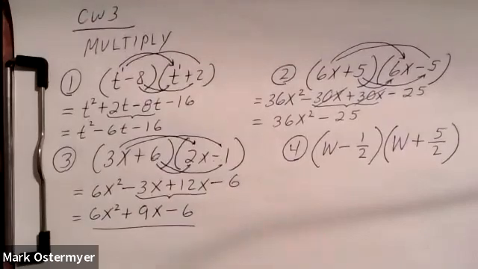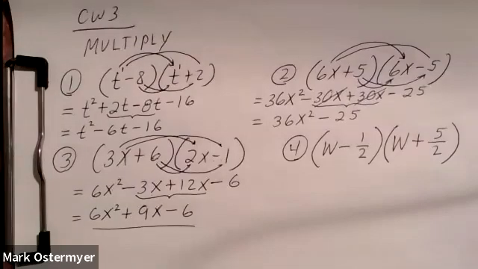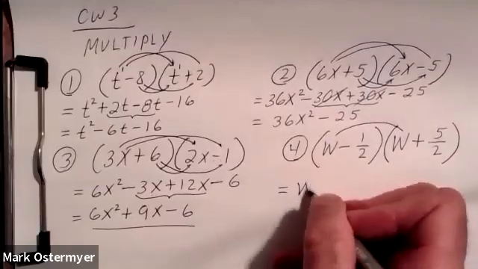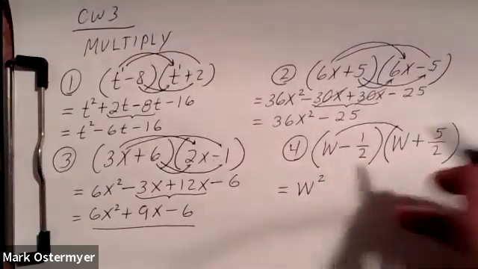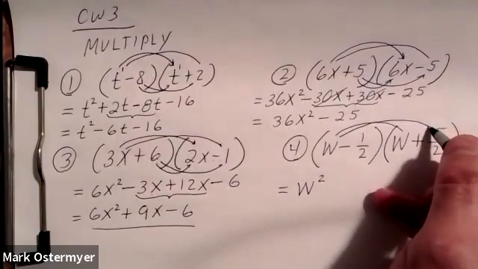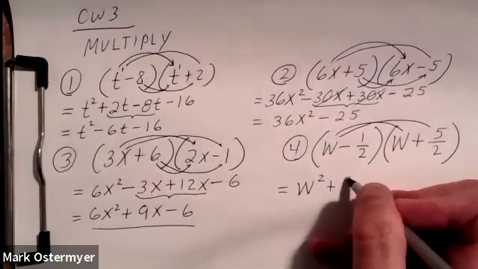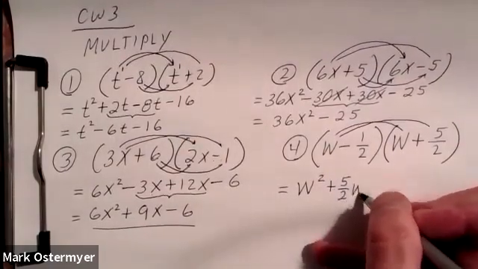Are we batting 1,000 so far? Yes. All right, now we've got a nasty one here, some fractions, but nothing changes. We still pursue it the same way. Multiply the first terms together, w times w is w squared. w multiplied by 5 halves is plus 5 halves w.